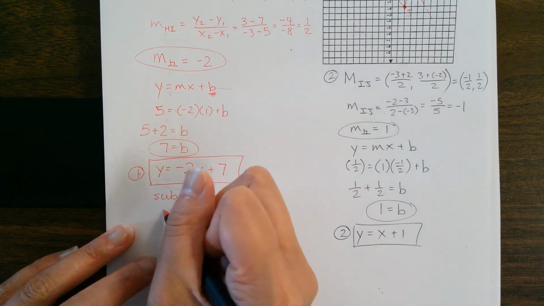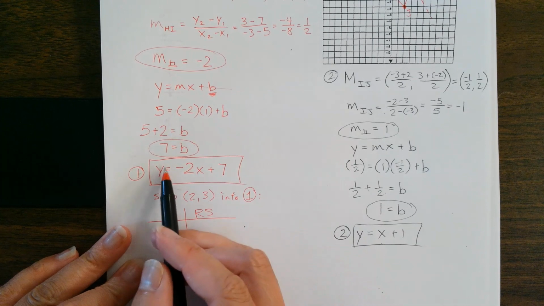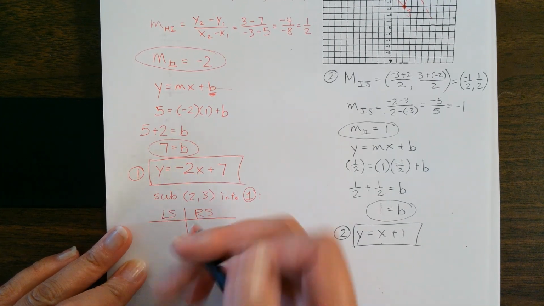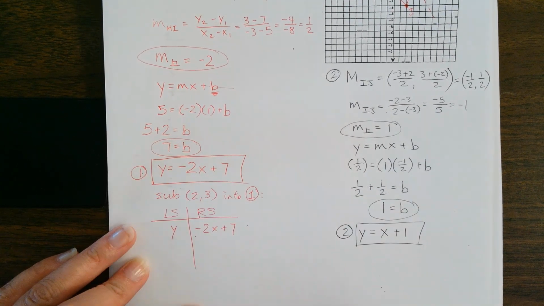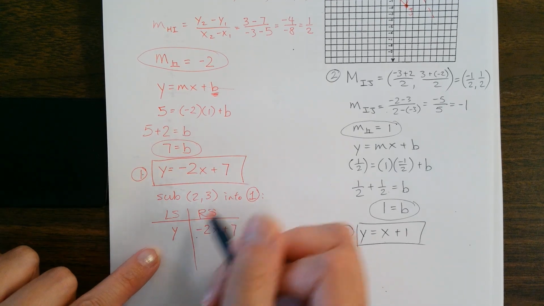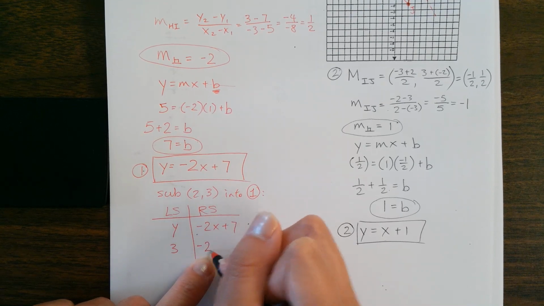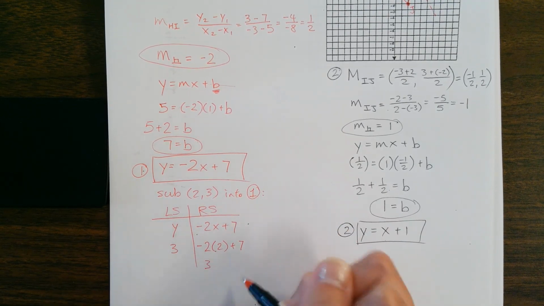Left side of my equation, right side of my equation. Left side is y. Right side is negative 2x plus 7. I just broke it into 2 parts. So y is 3. Right side, negative 2 times 2 plus 7, and you get 3.